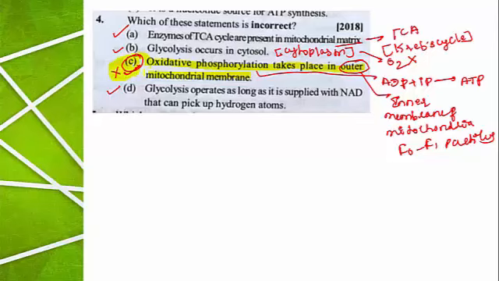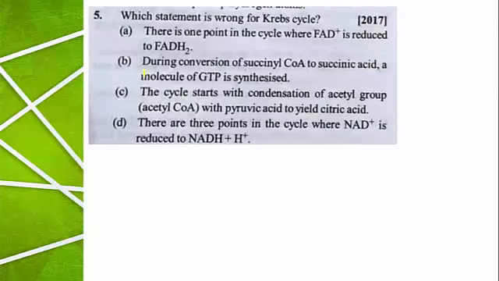Then moving to the next question. Which statement is wrong for Krebs cycle? Again, 4 statements are given. All of them are representing one or another step of the Krebs cycle. So let us have a look at the statements and identify which one is wrong for Krebs cycle.